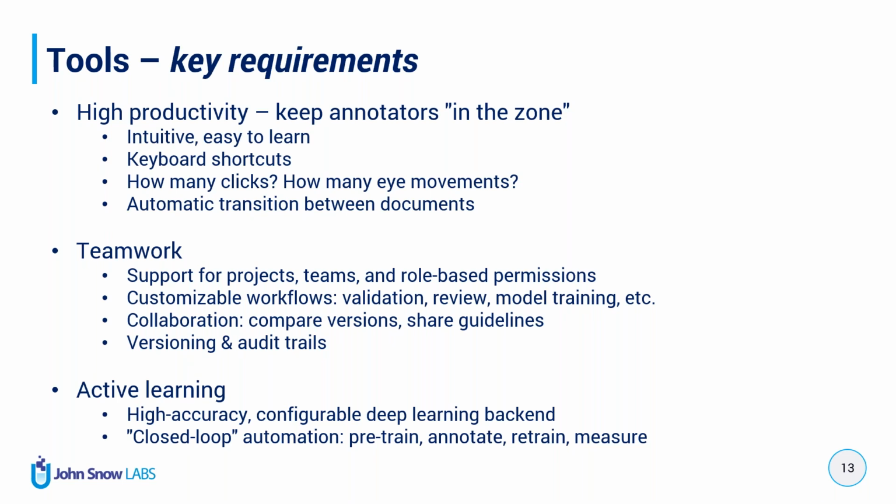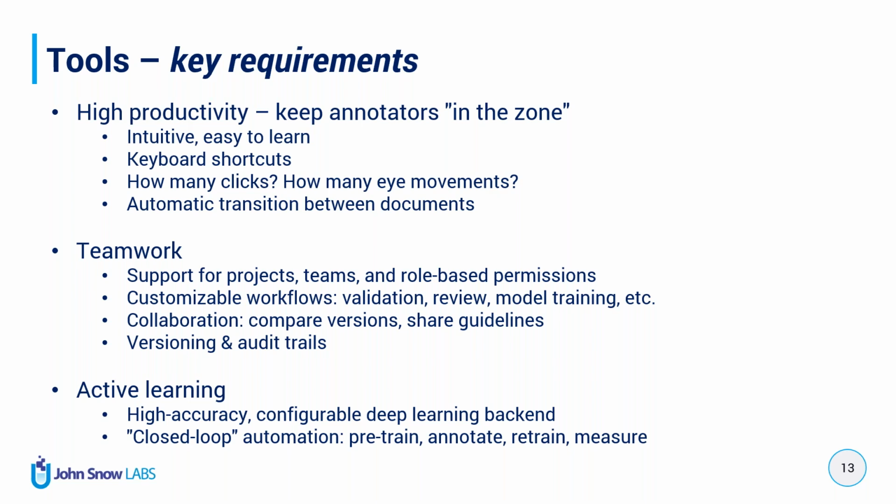So first of all, remember that the annotators are domain experts, so they are not very tech savvy. So the tool needs to be intuitive and easy to learn, right? It has to provide ways of speeding up the annotation. So one way for doing that is to use keyboard shortcuts.